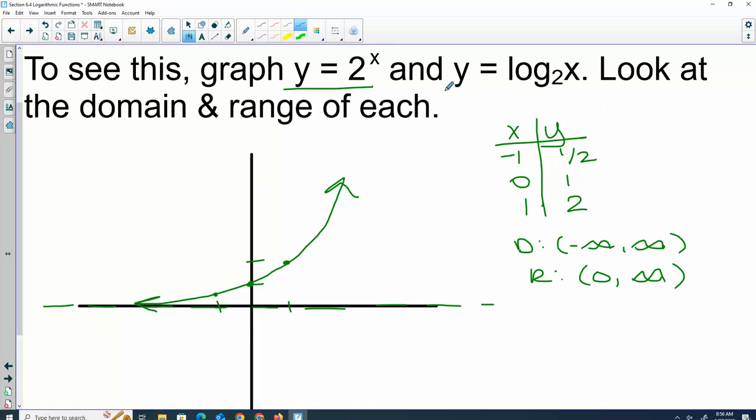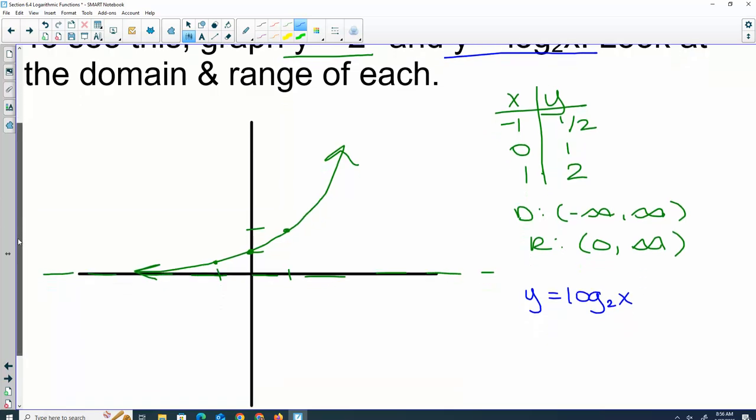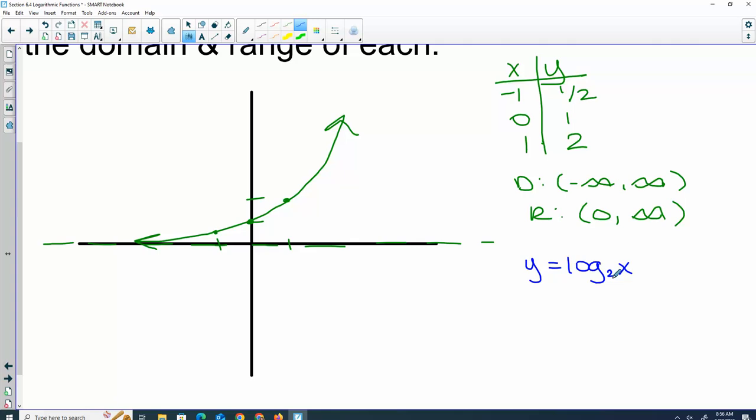Now let's look at the log. So if I asked you to graph y equals log base 2 of x, let's put that in exponential form. That means 2 to the y power equals x. So isn't this really just another exponential?